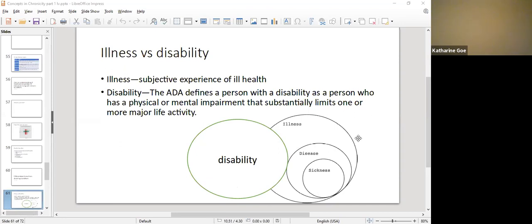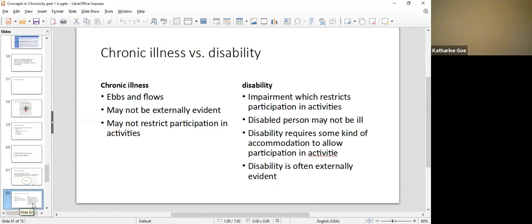As you can see, illness is a more global term. It encompasses both disease and sickness. Some features differentiate illness from disability. With chronic illness, there's that stair-step trajectory that we looked at.